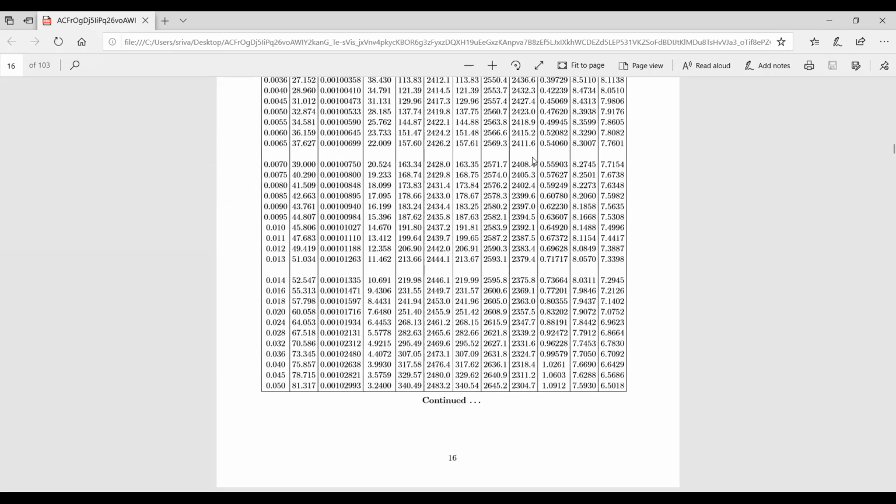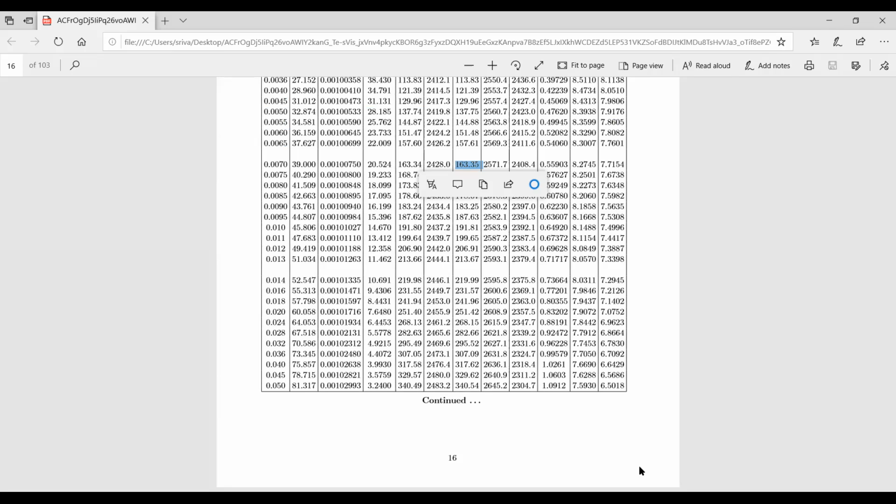At this condition, these three are your entropy values and these three cover your enthalpy. The HF value is 163.35. Why? Because here you have to neglect the pump work, so H6 is equal to H7. That means the enthalpy across the pump is taken as equal.